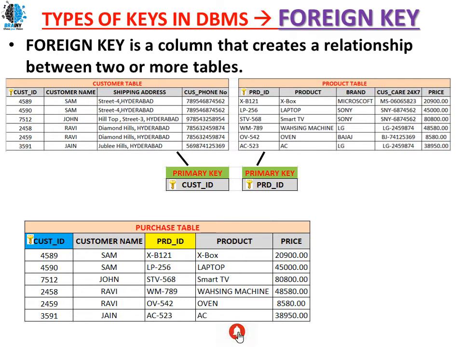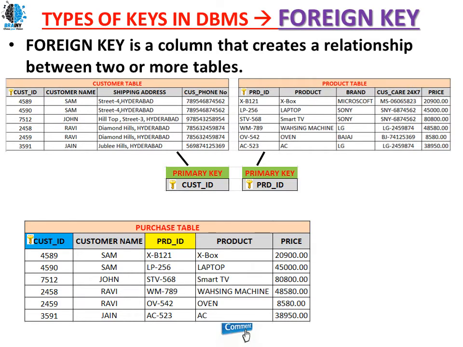In this purchase table you can see I have a customer ID. Customer ID is a primary key in this purchase table, and product ID is a foreign key, so in this way the customer table and product table will have a relationship between them.